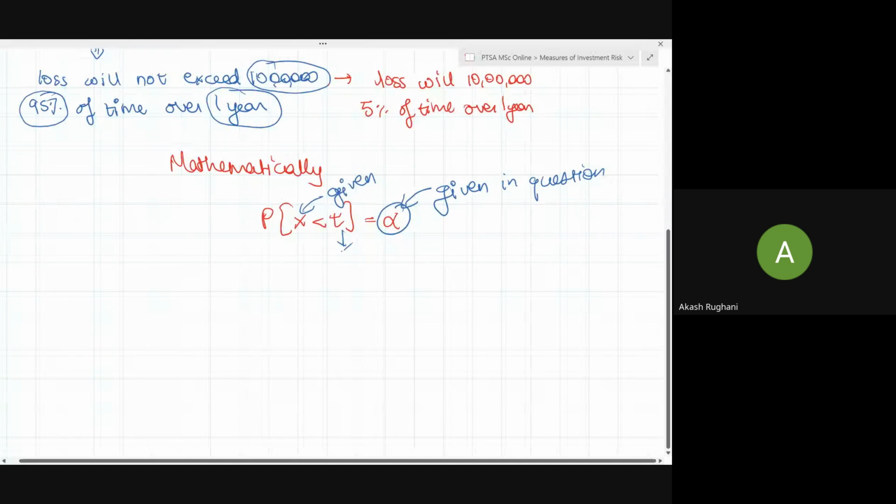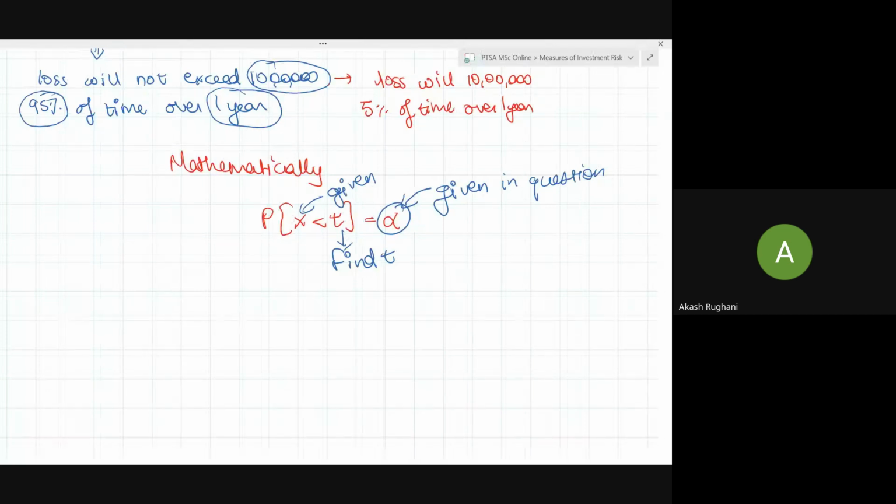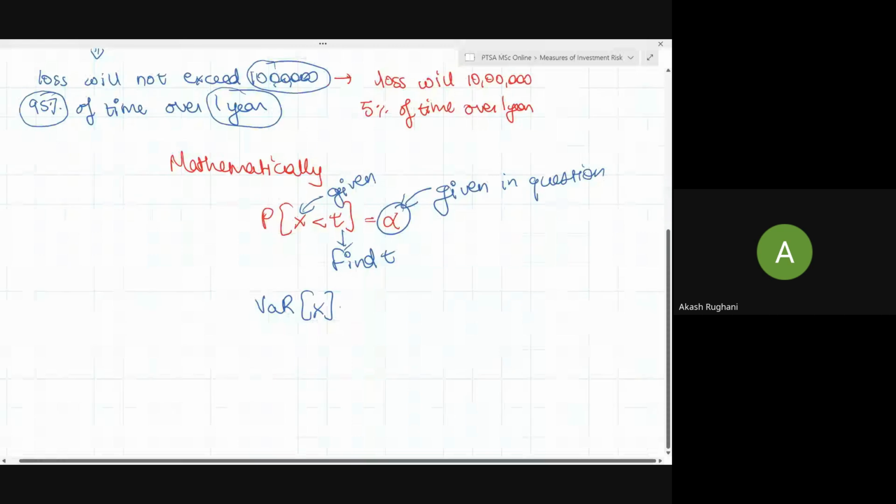We have to find t. So guys, this is the exact opposite of shortfall probability. In shortfall probability, loss was given, we had to find probability. In this, it is opposite. Probability is given, we are finding loss. And we will say that VAR of x will be negative of t.